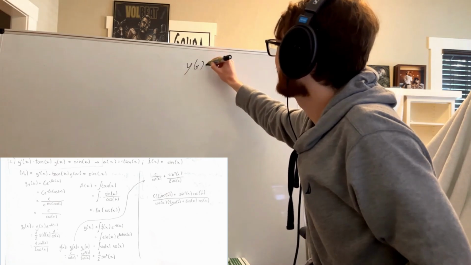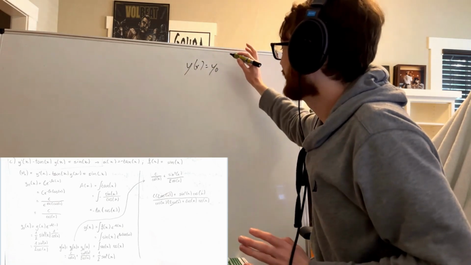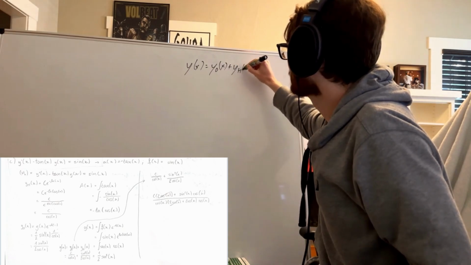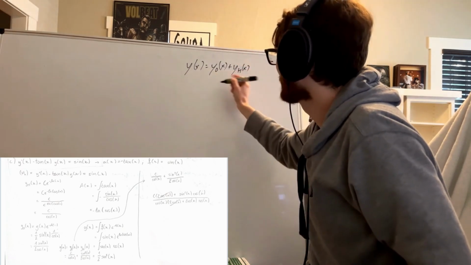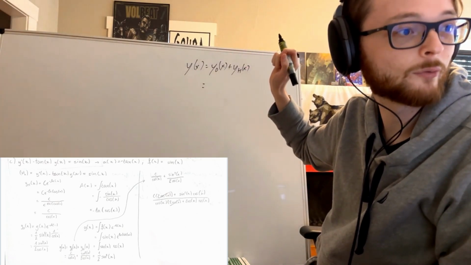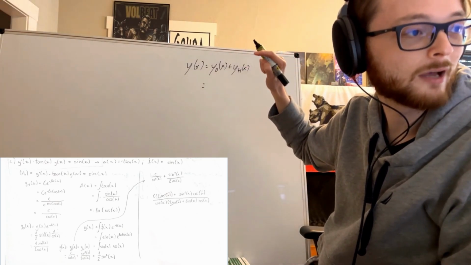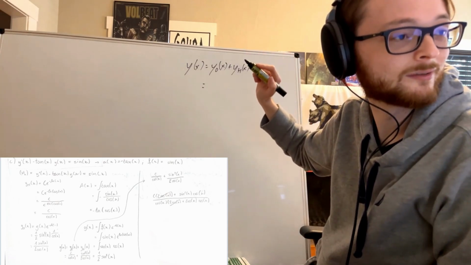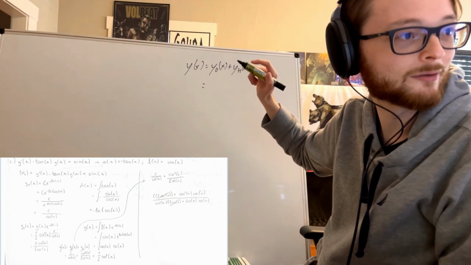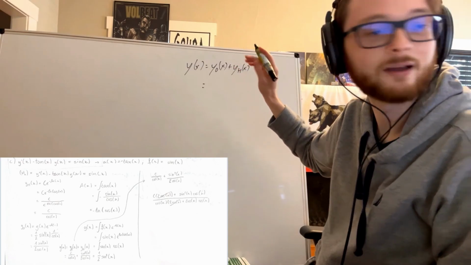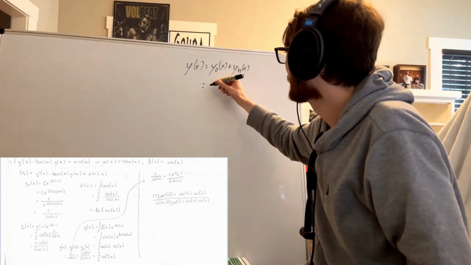Y of x is equal to y sub 0 or O, for some reason that makes me uncomfortable, plus y sub h of x. And I want to break this formula out into what they've actually written and see if it really is the same exact thing as I am used to. So they say, maybe that is an O. Oh, maybe in French, O is their P, or whatever that word is. Particular. I don't know. But anyway, I'm assuming that's O.